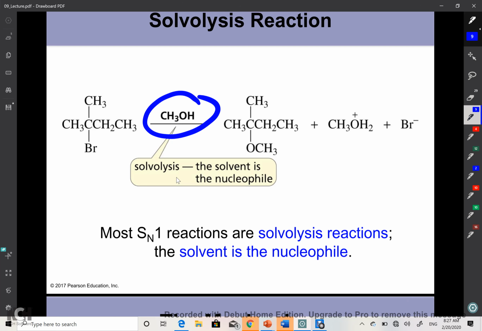Which one is that? It's a polar protic solvent. It's a good nucleophile for an SN1 reaction. In this case, we're using methanol to replace the bromine.